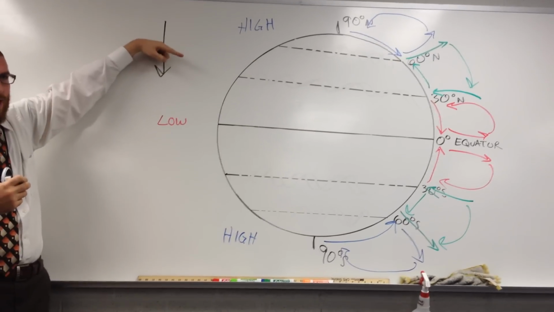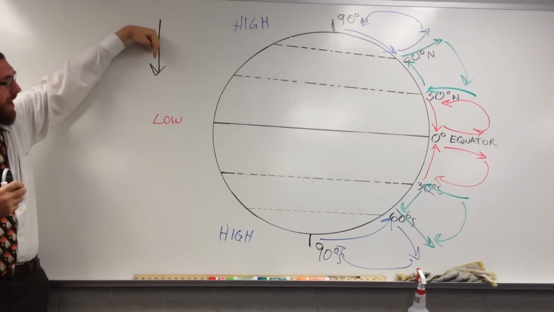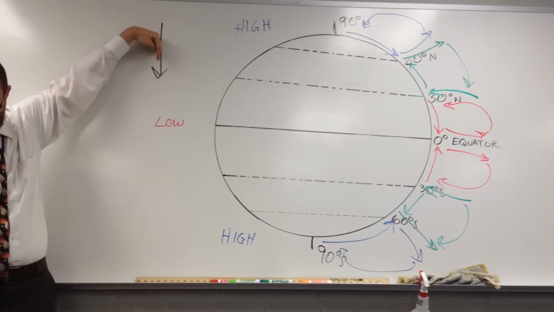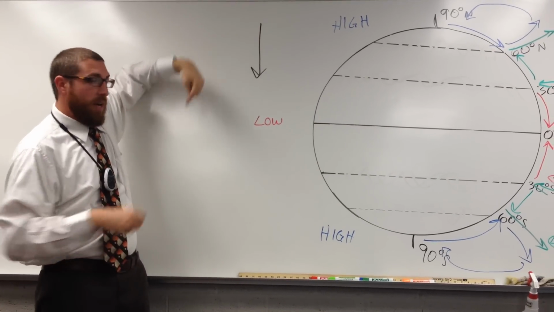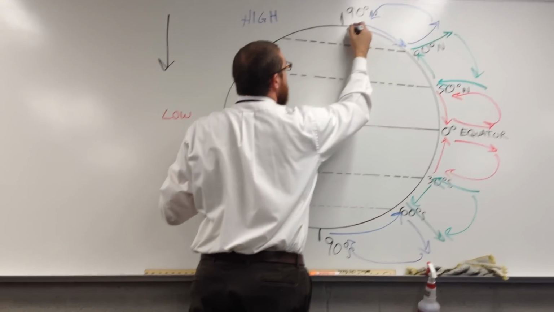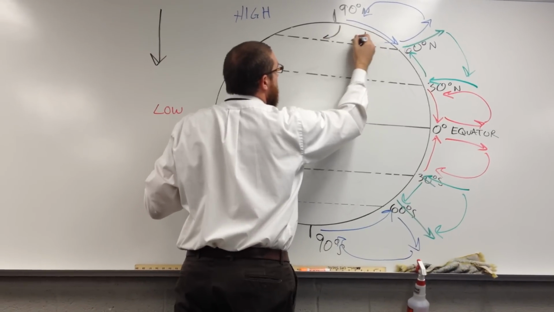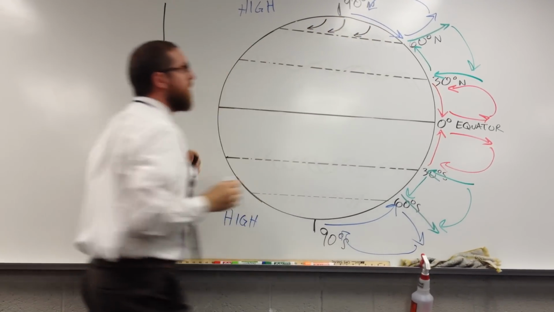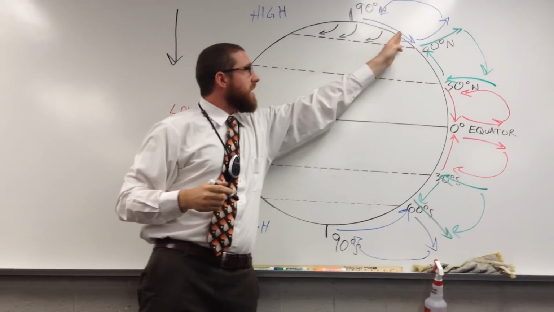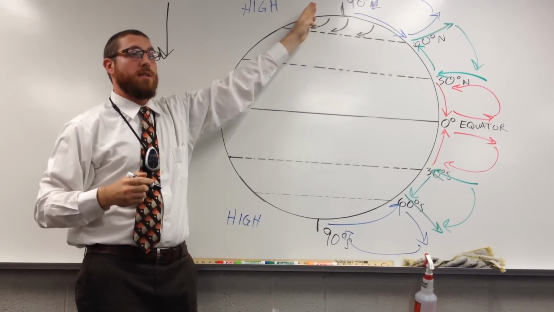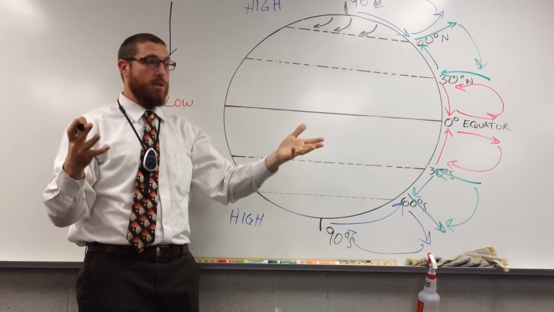To us, looking at this diagram, it should go that way. But the wind isn't traveling that way. The wind is traveling south. It gets turned to the right. Imagine you're going down. Turn to the right. It actually goes this way, right? So our wind up here starts to turn this way. Now this is moving from the east to the west. So it's going to be called an east wind.